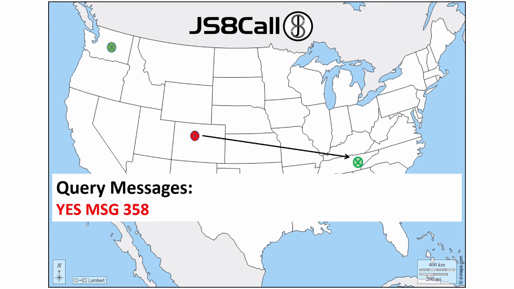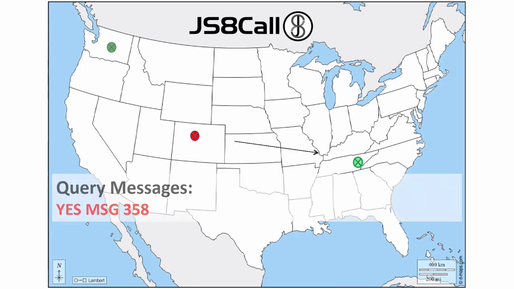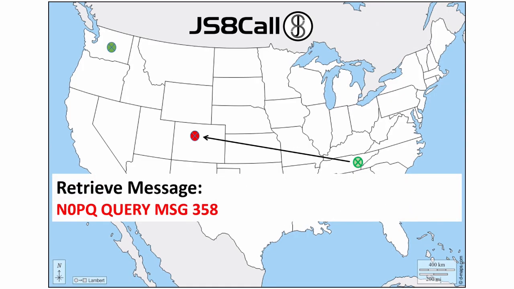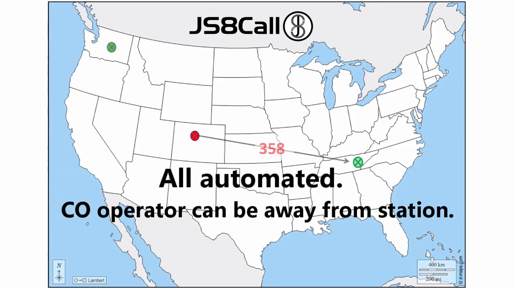And so then Tennessee can retrieve message 358 from Colorado by typing in N0PQ, which is the Colorado station, query message 358. The Colorado station will pull up that message and send message 358 to Tennessee.